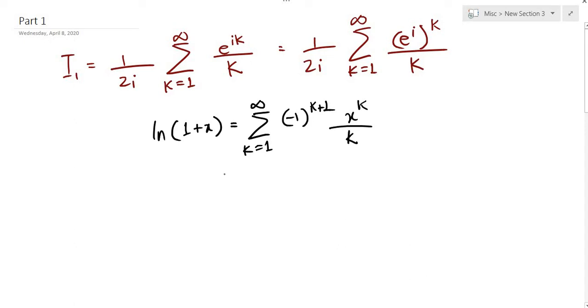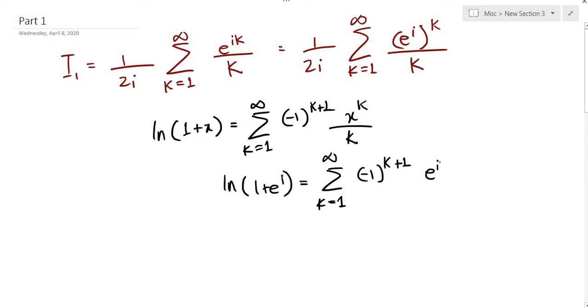So if we were to replace x with say e to the ith power, for example, we would obtain the sum from k equals 1 to infinity of negative 1 to the k plus 1th power times e raised to i, the whole thing raised to k, divided by k. So basically now our numerators are essentially matching.